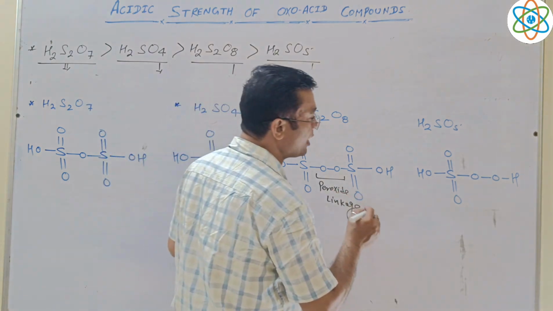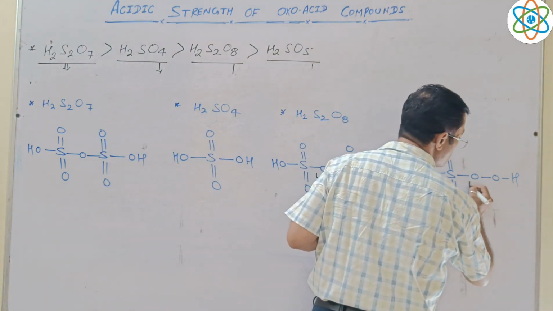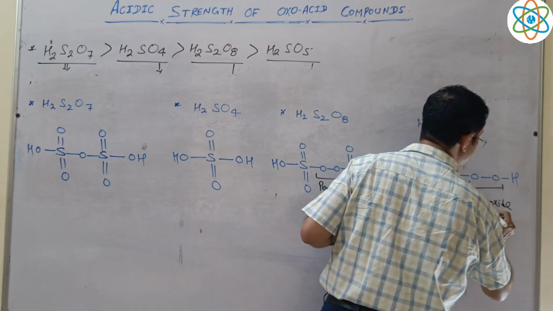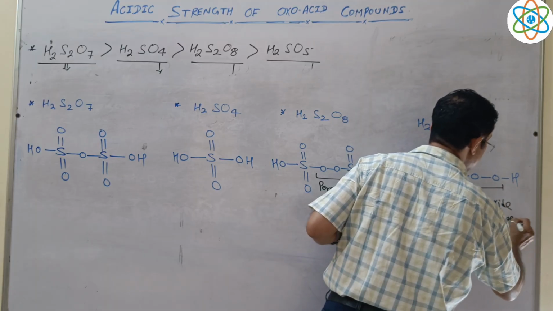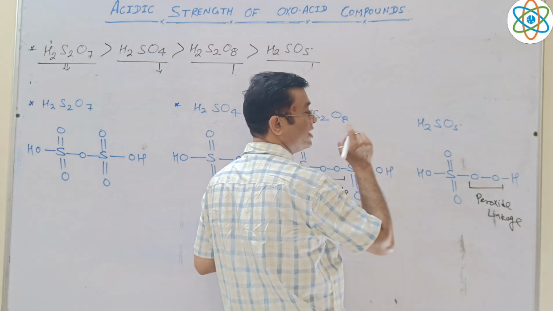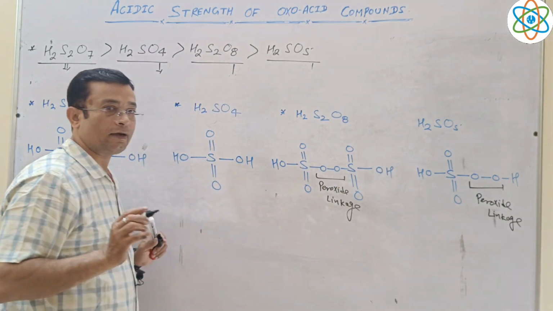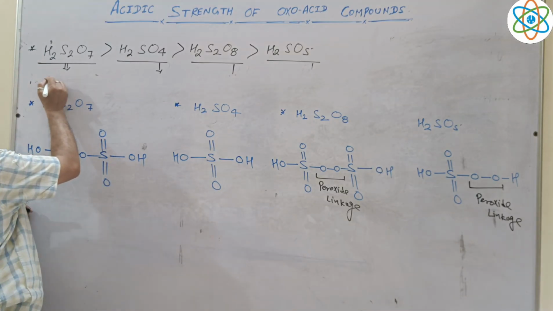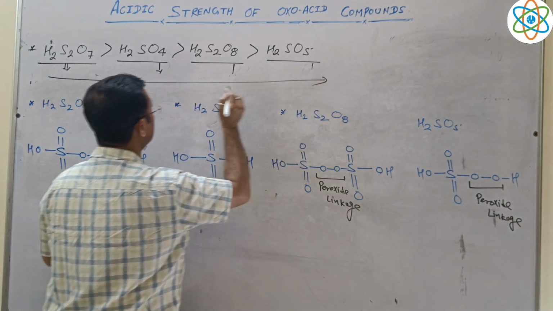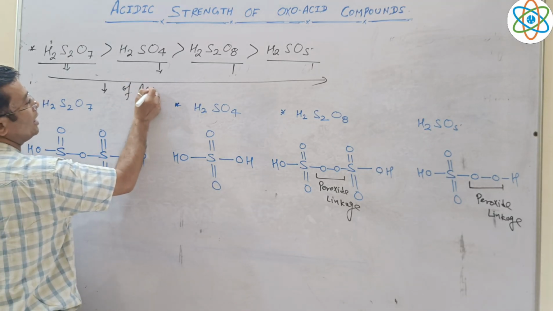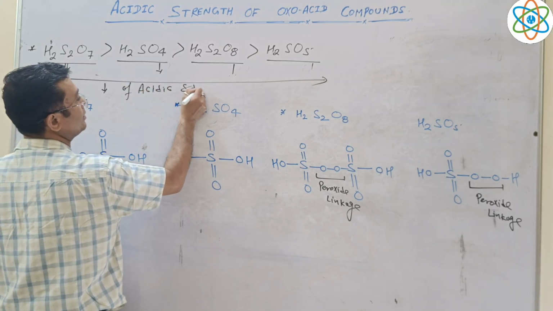Now here again a peroxide linkage, and this peroxide linkage decreases the acidic strength of Caro acid. So I think now you have properly understood the lecture. We can write here that from here to here is the decreasing order of acidic strength.